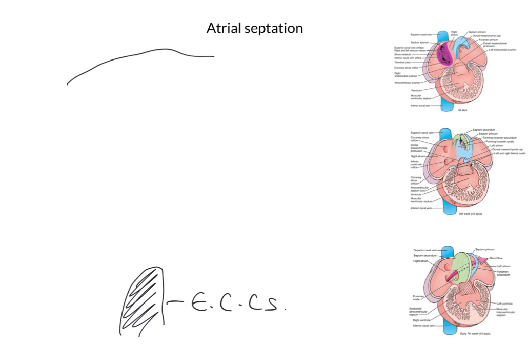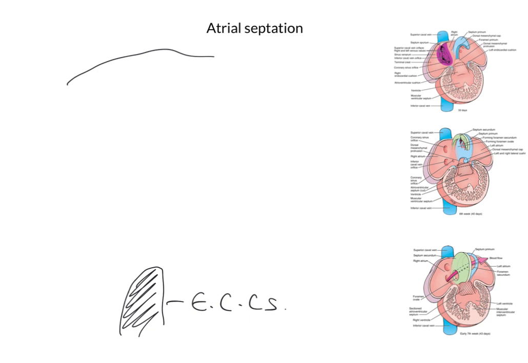Now, two septa form to divide the atria, and they are named using Latin terminology, but thankfully the Latin is relatively easy to understand. If you understand what the Latin words mean, you understand the order in which these structures form.